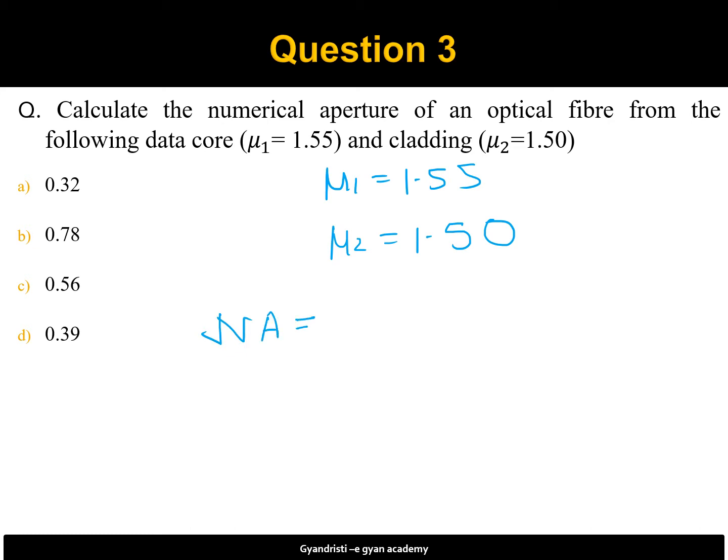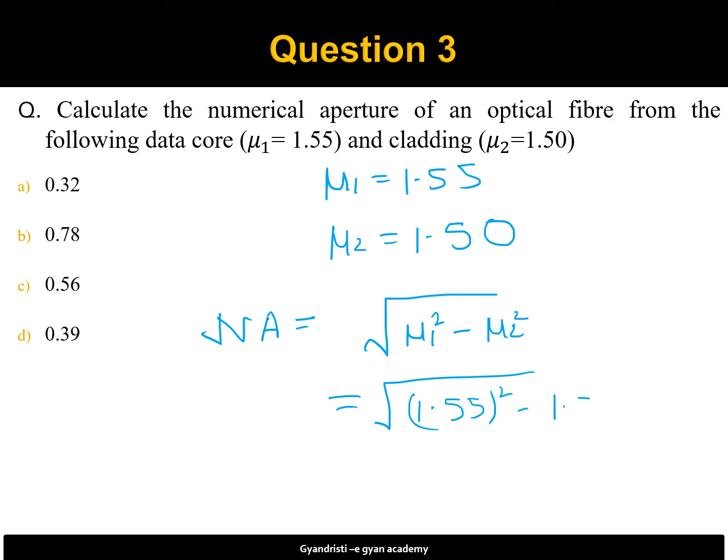We know that numerical aperture is defined as square root of mu1 ka square minus mu2 ka square. Now let's substitute the values 1.55 ka whole square minus 1.50 ka whole square. If you further simplify it, you will get 0.391. So the correct option is option number D.